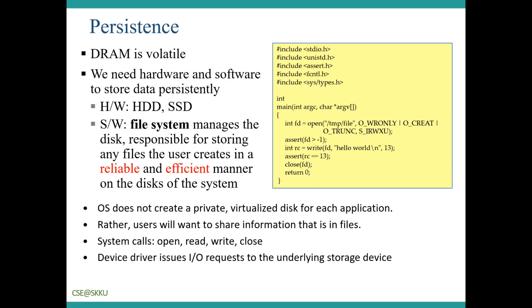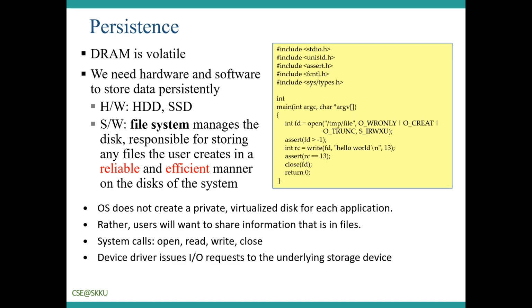On the right side, there's an example of a simple program that creates a file in the temp directory and writes the string hello world into the file. To do this, the program makes three system calls to the operating system. First is open.